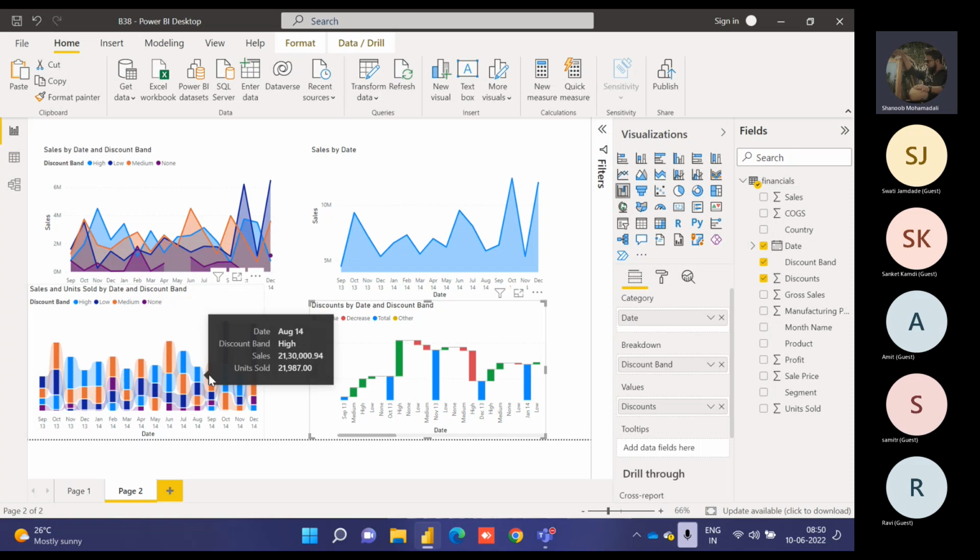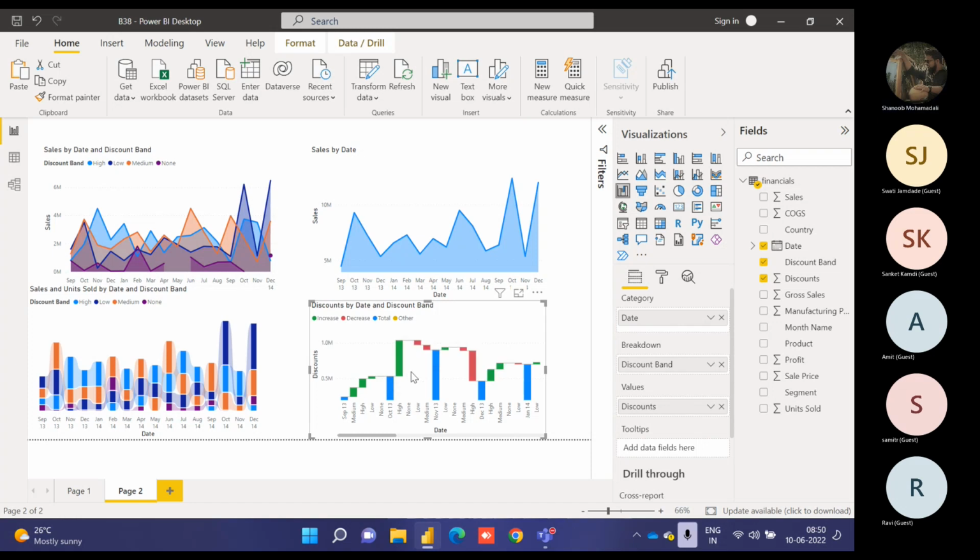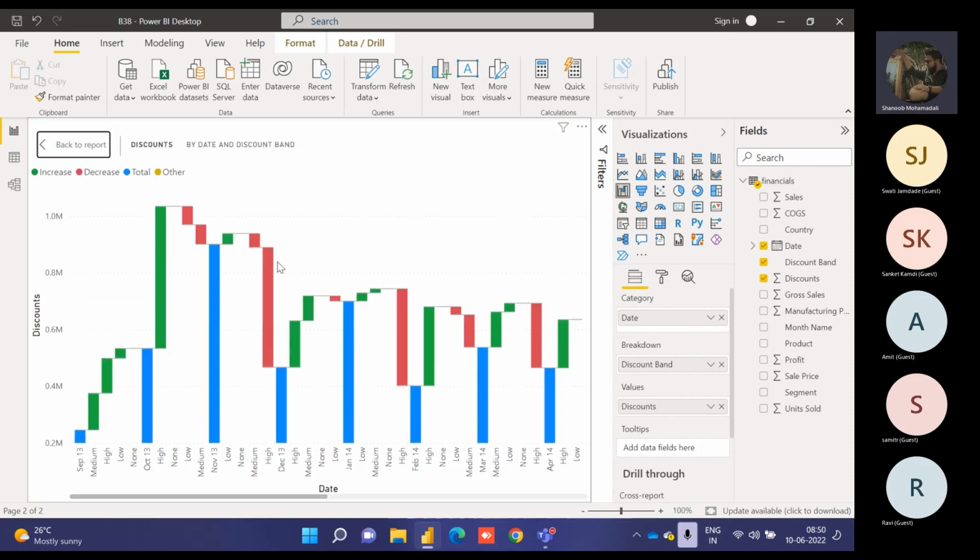But if you look at the waterfall chart, green and red easily tell you whether it has increased or decreased. Any questions for this? Let me explain how it looks.